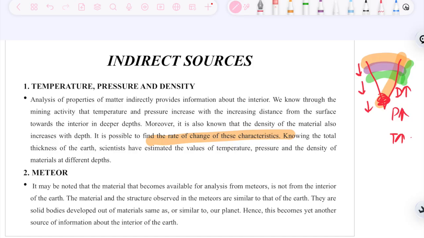Second one is meteor. In the previous chapter, we have already seen the nebular hypothesis theory. We are well aware that Earth and meteors are all formed from the same nebula.